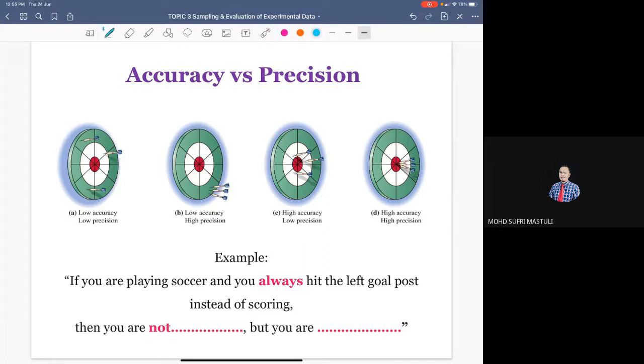The middle one, the red point, we call it the mean value.